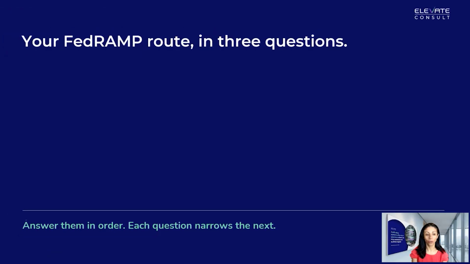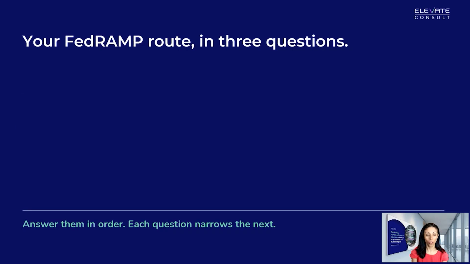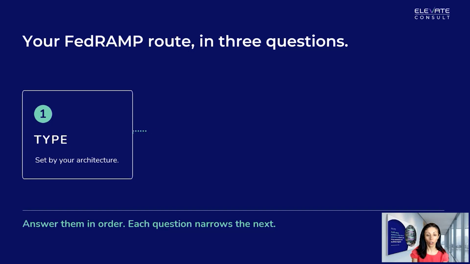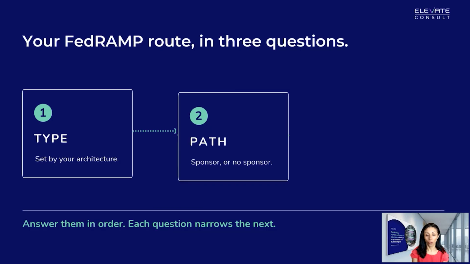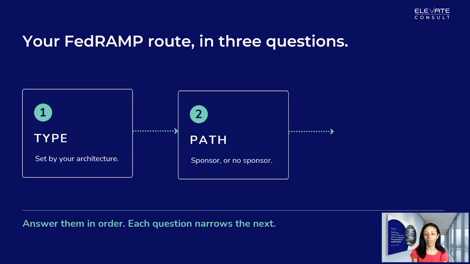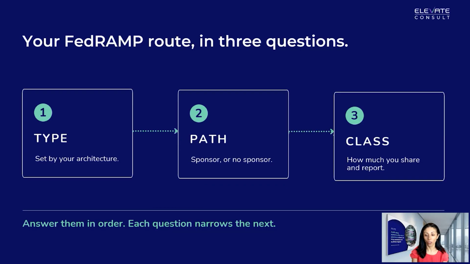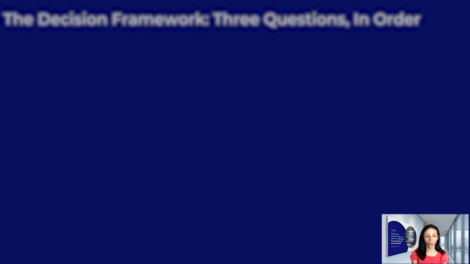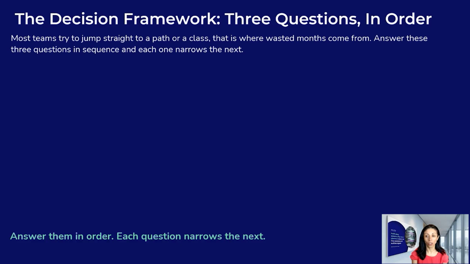So we talked about this a little bit ago. What are the 3 questions or things that you need to think of when it comes to making the decision as to which path you're going to follow? So you want to first select the type, which is set by your architecture. You want to select the path, which depends on whether or not you have a sponsor. And you want to select the class, in which you choose how much you're going to report. So specific here to make the decision is 3 questions in order.